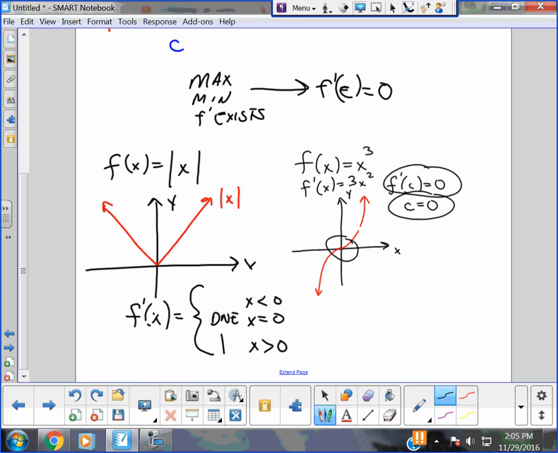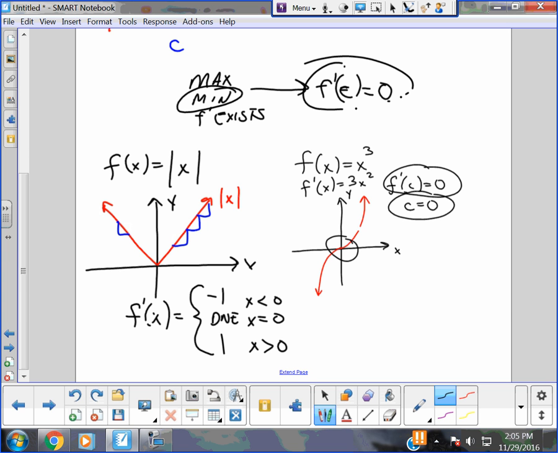Why is it 1, Skylar? Up 1 over 1, up 1 over 1, up 1 over 1, right? This is absolute value of x. On the positive side, it's just y equals x. Guys, what's the slope on the other side? Negative 1. This is a great derivative, right? Think about it. But let's be clear, does it have a minimum? You bet.